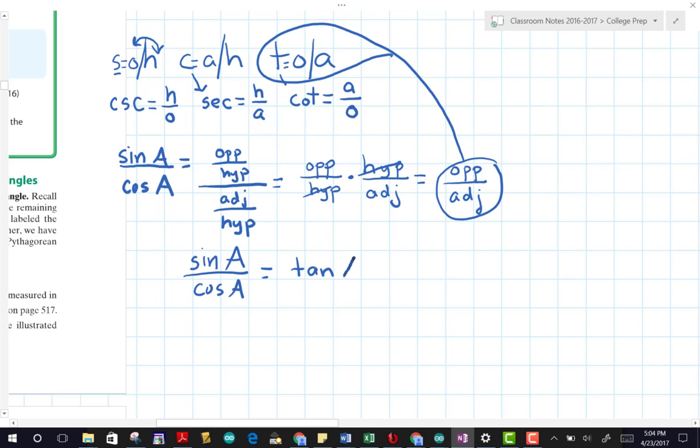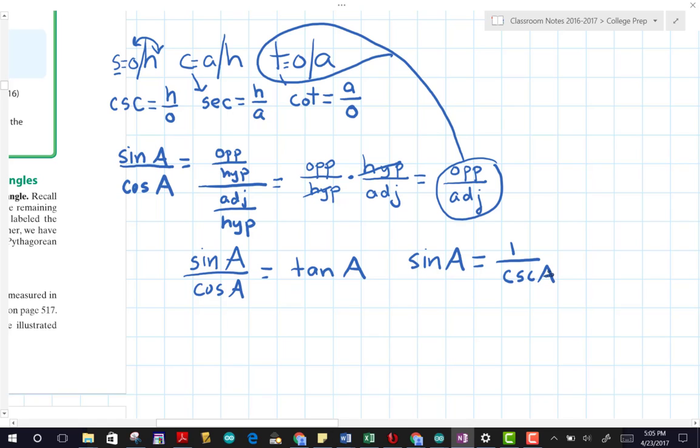It is also the case that the sine of A is equal to 1 over its reciprocal, or 1 over the cosecant of A. The reverse of that is also true.